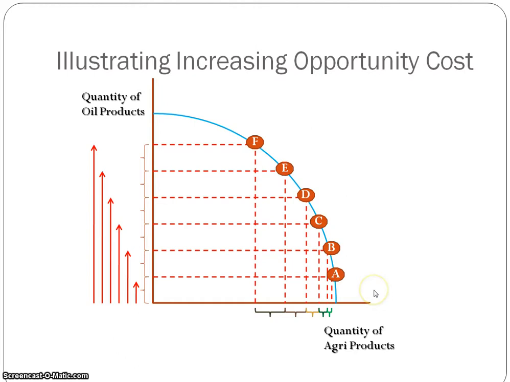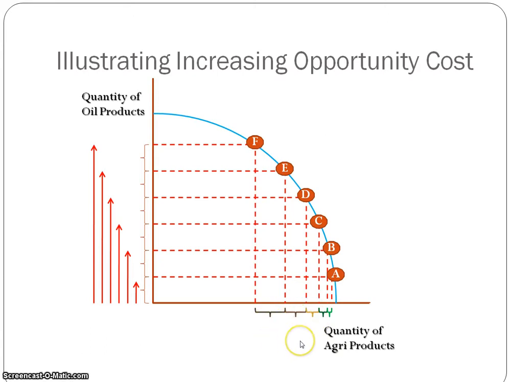What we can conclude, therefore, is that this production possibility curve depicts an opportunity cost that is increasing. In other terms, what we are saying is that each time we increase production of our oil products in equal increments as represented by these brackets, the amount we lose of agri-products gets larger and larger and larger.